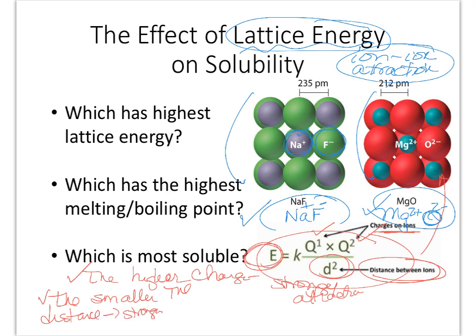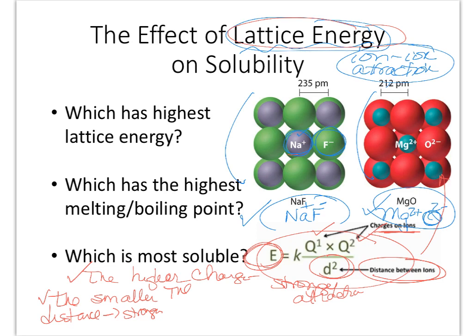So we want the distance between ions to be small. We want them really close to each other, and we want their charge to be really high. Well, that is if we want a big lattice energy. I guess that's not good for dissolving. But lattice energy goes higher as charge goes up and as ions get closer together.